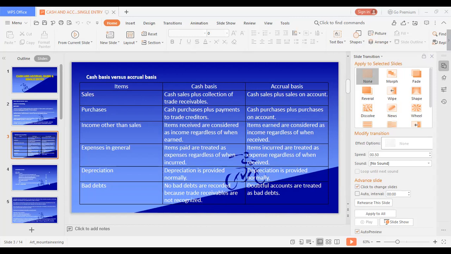Then we add purchases which is under the accrual basis computed at 5.7 million, total of 6.9 million. Then we deduct accounts payable and 1,350,000. Your cash paid for purchases under the cash basis is 5,550,000.